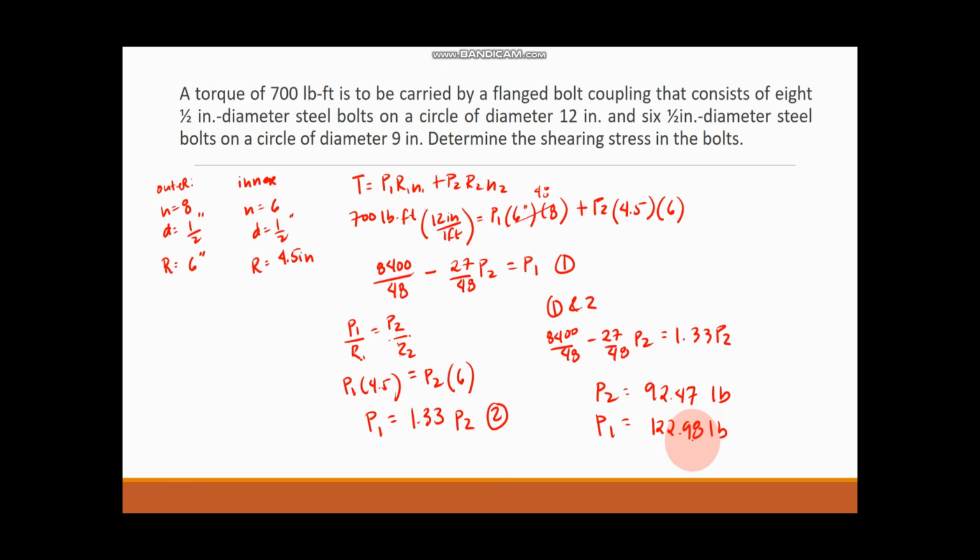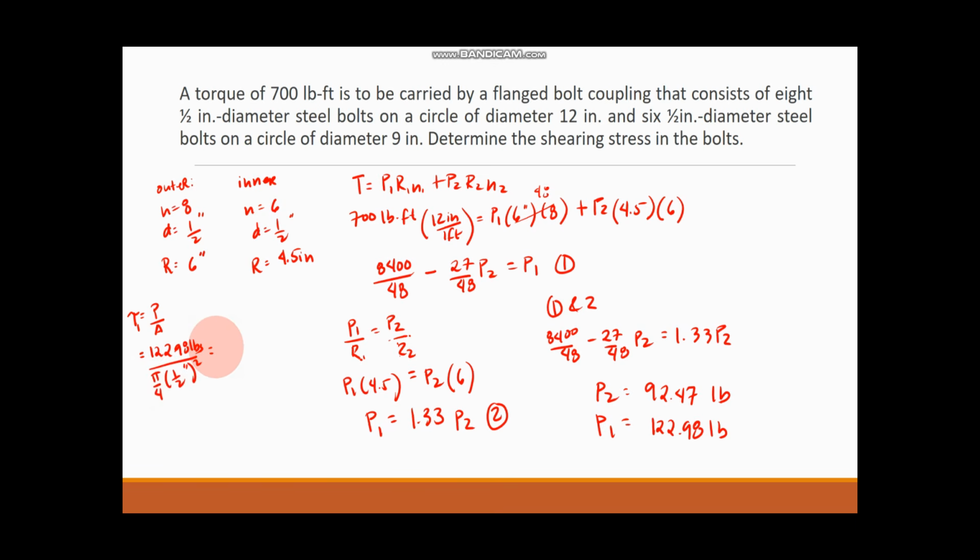So the problem is asking for the shearing stress in the bolt. So using the equation, P all over A. So for our shear 1, our P is 122.98 pounds, and then the area is pi all over 4 of 1/2 inch squared.